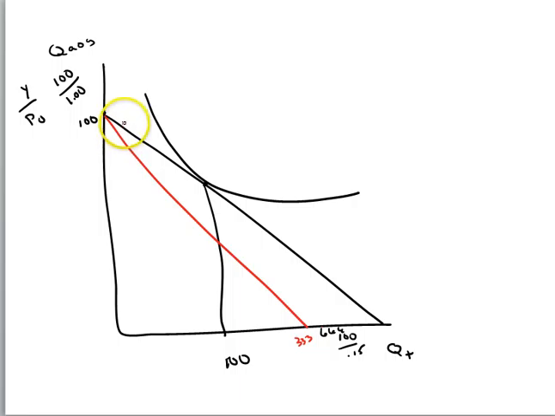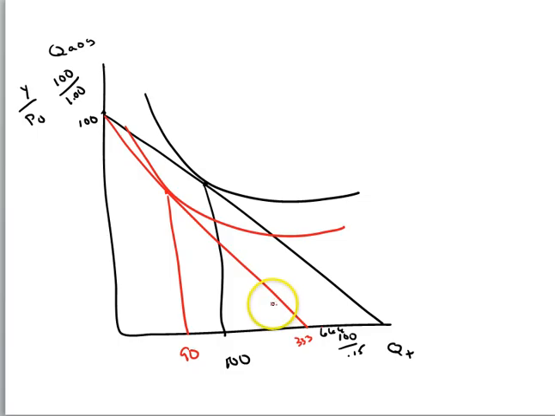But I know, based on the problem, that the new equilibrium quantity at 30 cents a pound was 90 pounds of trash. Now remember, the price of trash increased. The budget line rotates around the maximum quantity of the good whose price doesn't change. It's still 100 over $1. Rotates in because the price has increased.